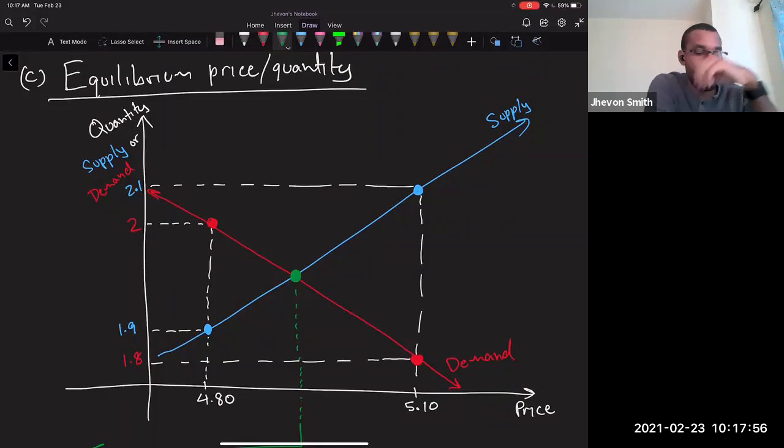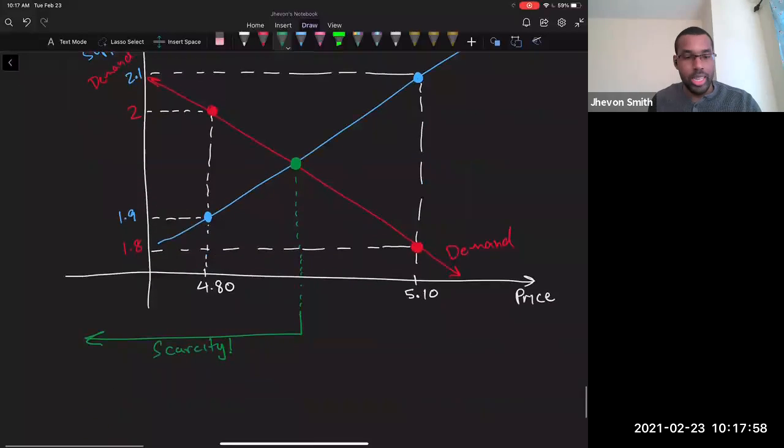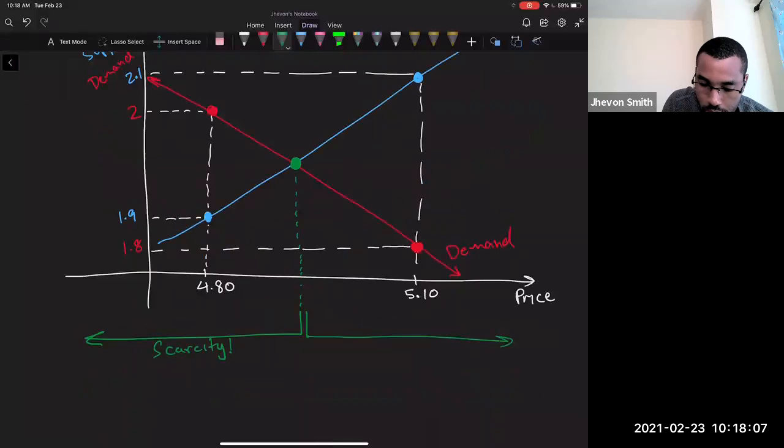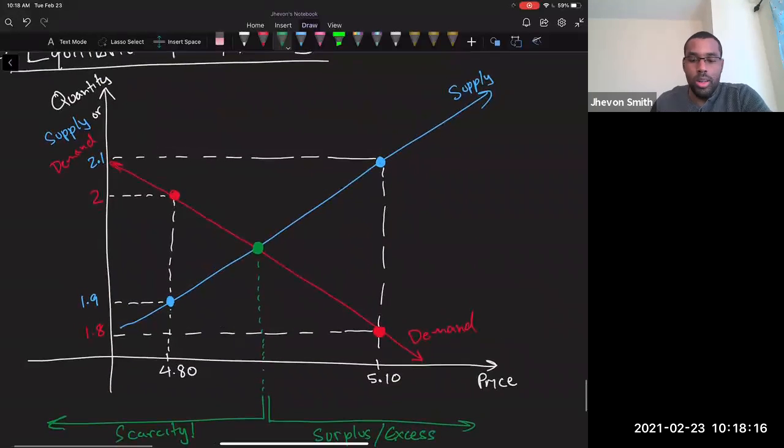This is called scarcity. However, you'll notice that on the other side, like if you look from this point going forward, you have like surplus or excess, right? Notice that over here, the blue curve is on top of the red curve.